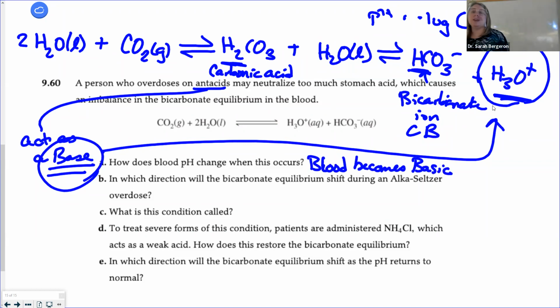Blood becomes basic, right? Because you're going to neutralize it. This antacid already neutralized all the stomach acid. It's just going to go to your blood and it's going to start neutralizing all the acidic ions inside of your blood. And so now your blood pH is going to become basic. This is not good. What do we call this condition? Metabolic alkalosis.